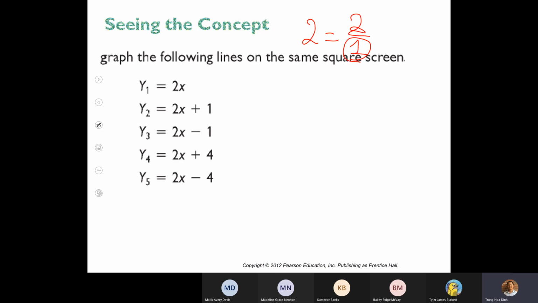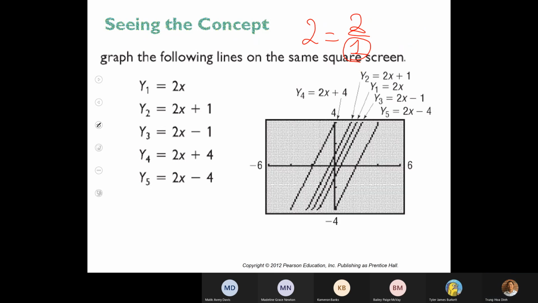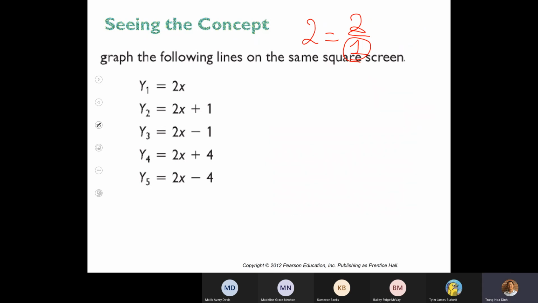Let's do that. First point, where do you start from? You start from the origin. When x equal to 0, y equal to 0. Let's do this here. That is x, o, and y.